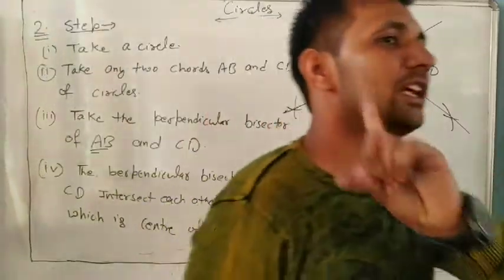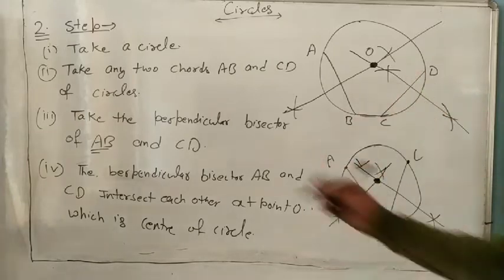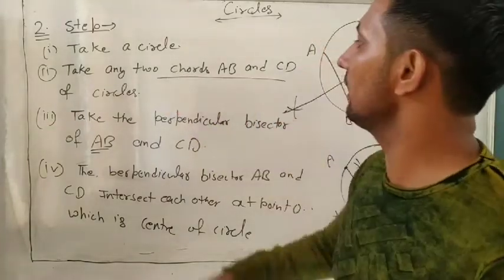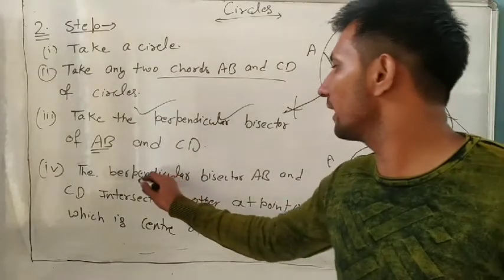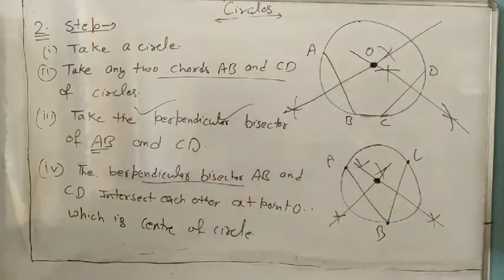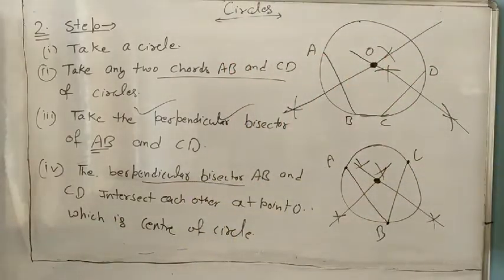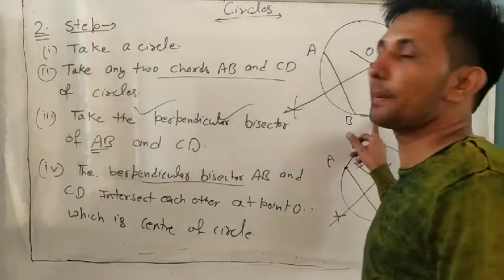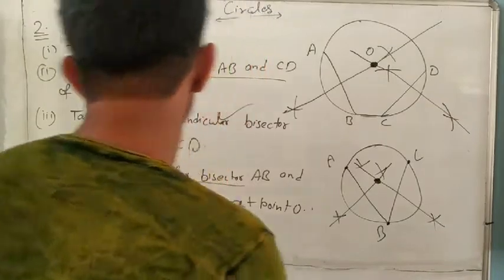So only one thing to remember: how will you find the center of the circle? Take any two chords of the circle, take their perpendicular bisectors, and where the perpendicular bisectors meet each other, it is the center of the circle. Understand it? So note it down and do it with compass and pencil. Don't draw roughly.